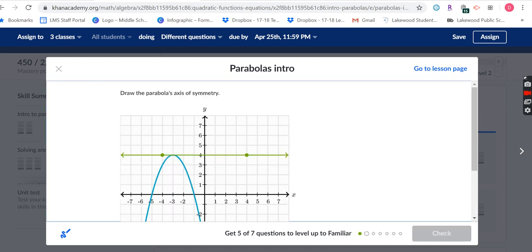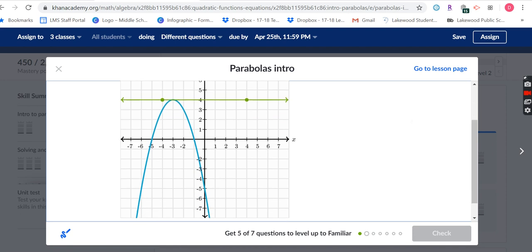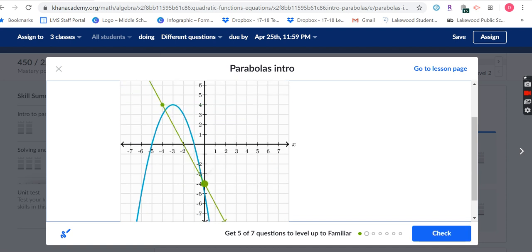Okay, and the next question we have is draw the axis of symmetry. So yesterday I talked about the axis of symmetry. That's the line that goes through the vertex. Okay, the vertex of this parabola would be right up there at the top. Okay, that would be the vertex. So if we have the line going through that vertex, this is our axis of symmetry, and that line is called x equals -3.